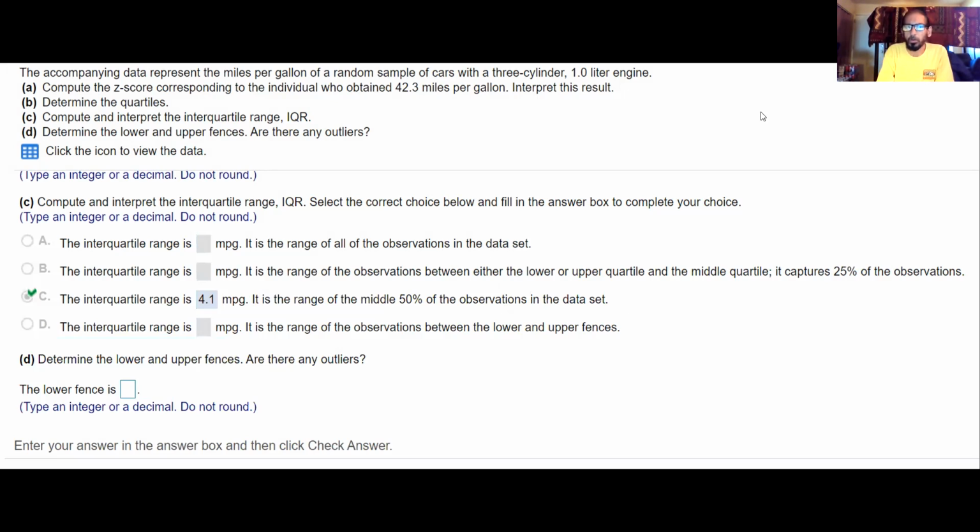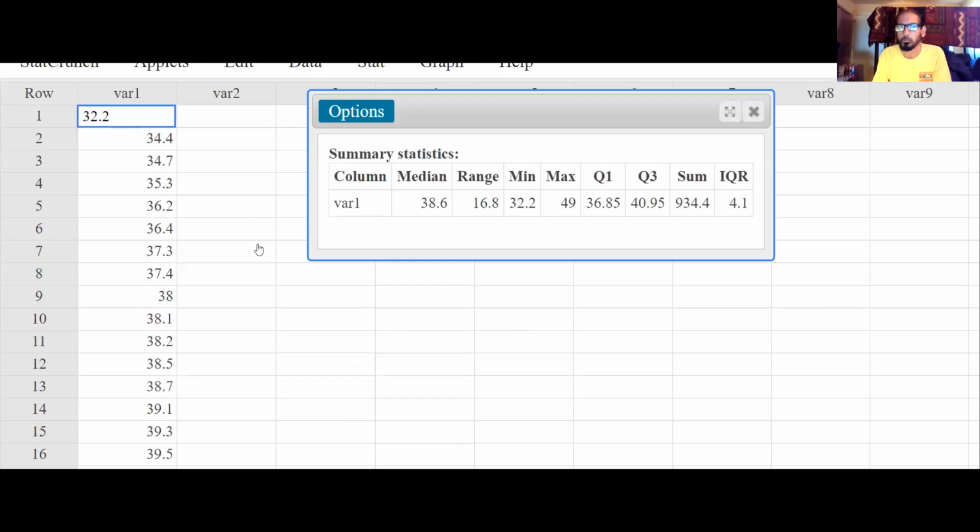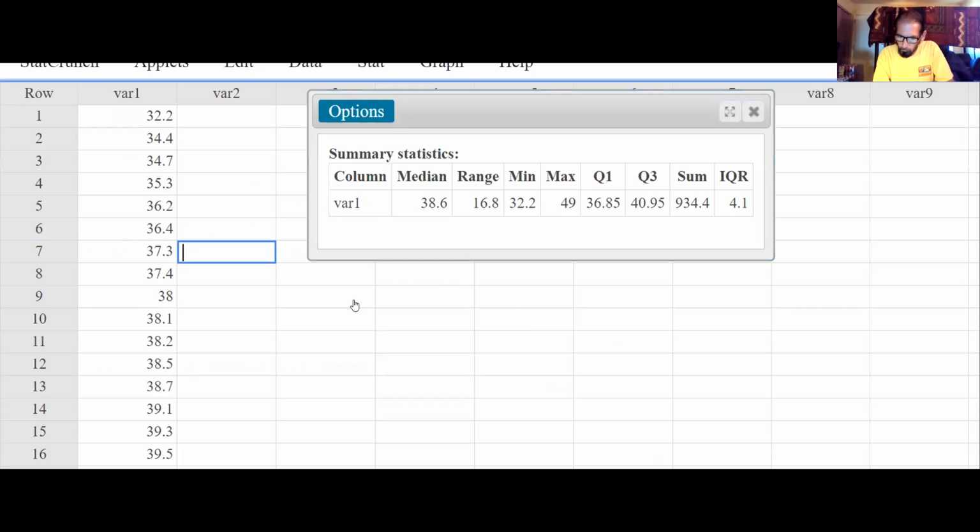I'm going to go back to Excel here for a moment, given that we've got 4.1 for the interquartile range. Let me see here. Let me try something. Yeah, you can't get it to do any additional calculations in StatCrunch apparently.